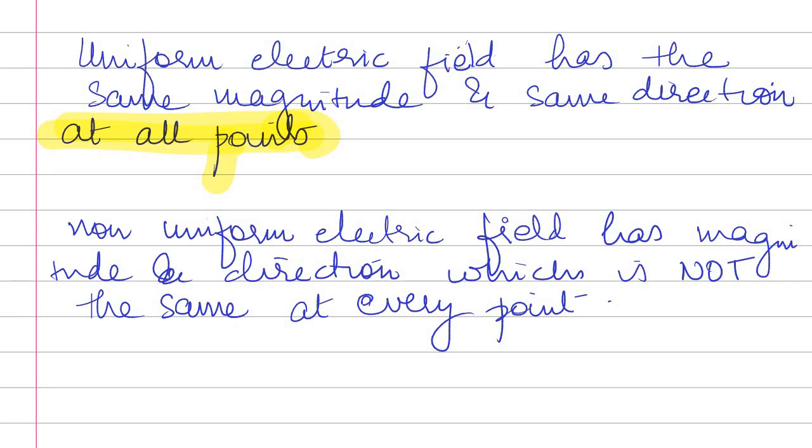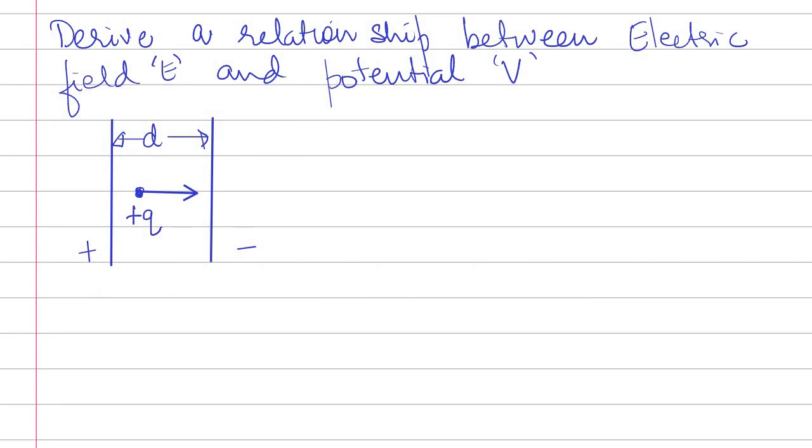Now let us find out the derivation between electric field E and electric potential V. A pair of parallel plates is connected as shown in the figure, which results in a uniform electric field, which is indicated by this arrowhead here. So the electric field is directed from plate A to plate B, like this here.